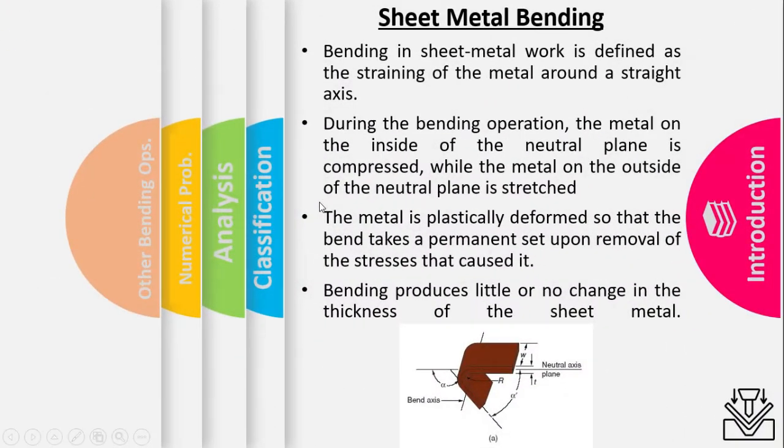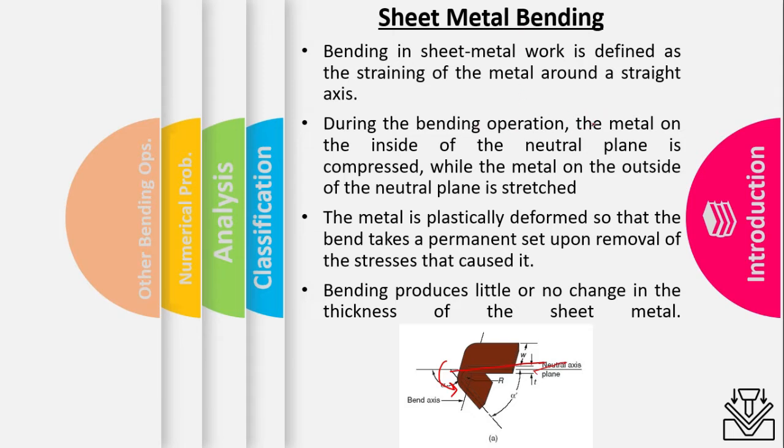So what is sheet metal bending? Sheet metal bending is simply straining any sheet along an axis. Like let's suppose we have an axis here. Straining the sheet along a straight axis is simply termed the sheet metal bending operation.